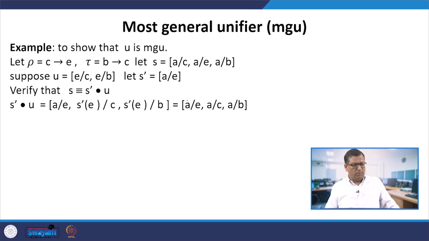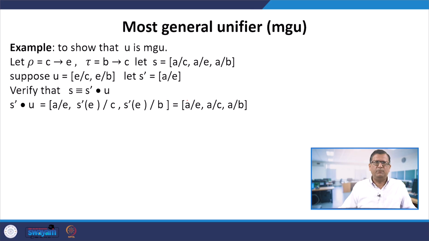Now, suppose we are given u and we have to show that indeed it is an m.g.u. With an example we are going to illustrate: say rho is C arrow E, and tau is B arrow C. Let S be this substitution. What are the type variables here? C, E and B, for which we have given the substitution.